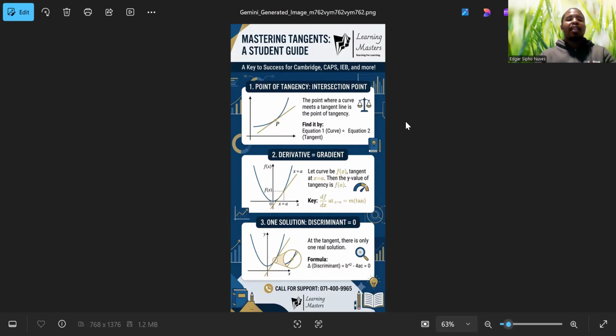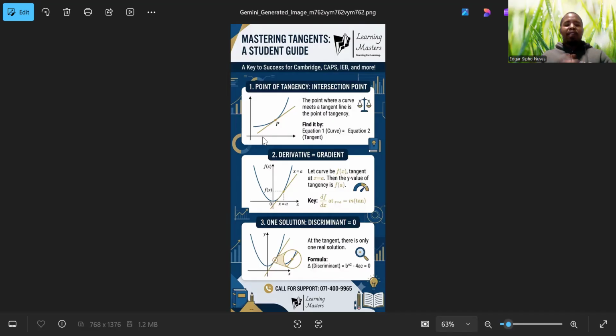Now the second thing to recall about tangents is that there's a connection to calculus. If you haven't done calculus yet, this part you will not be able to comprehend. The slope of a graph or a curve is known as the derivative or the gradient.